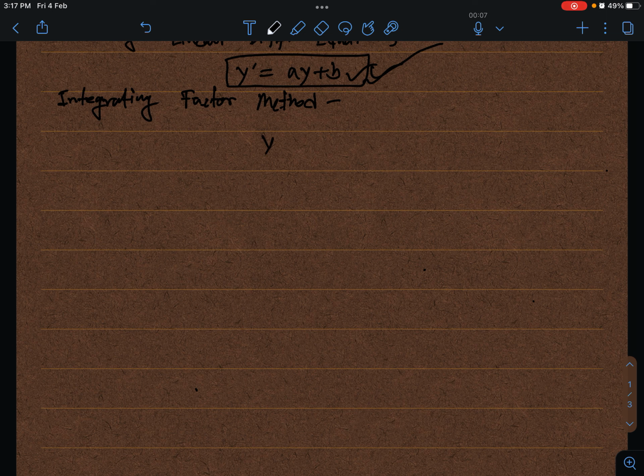Let's say you are given this equation: y prime equals 3y minus 5. This equation can be written as y prime minus 3y equals 5.